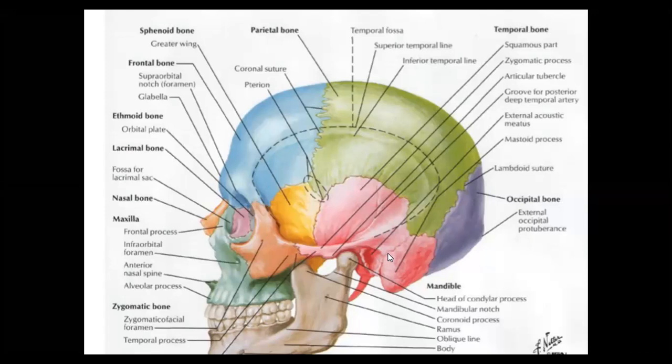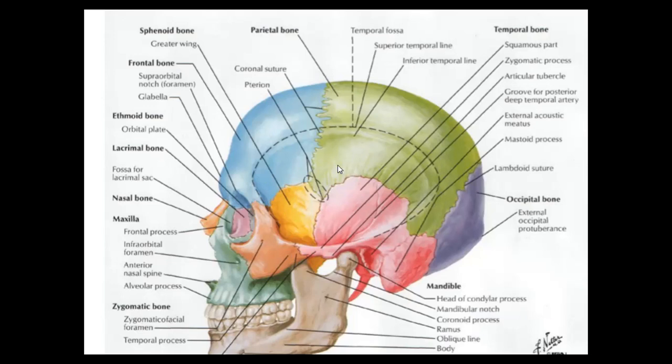In the lateral view, the temporal fossa is the area above the zygomatic arch. Please understand, whatever area we have above the zygomatic arch, that is all the temporal fossa.